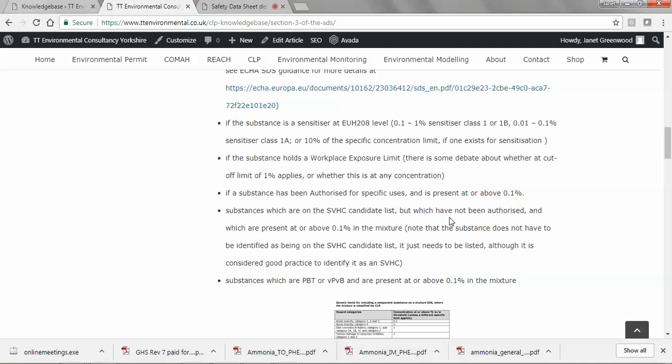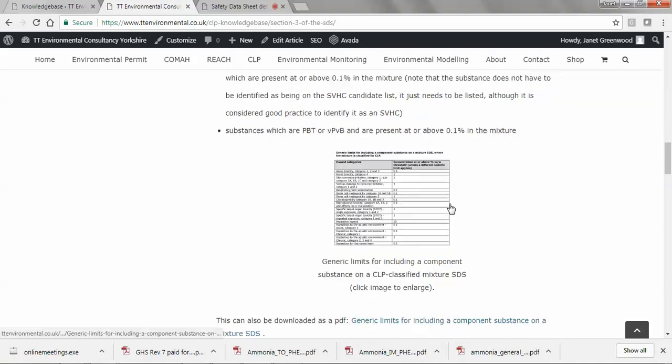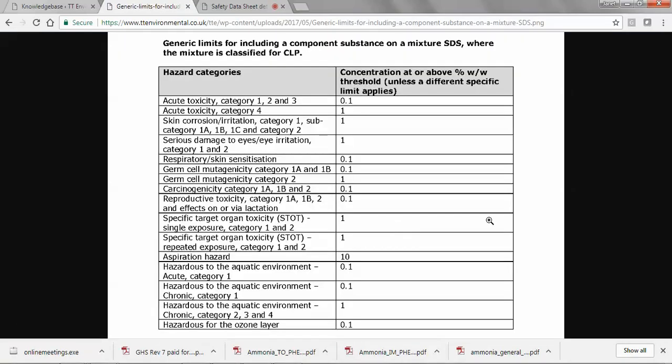It just needs to be listed there, but it's good practice to put in brackets SVHC or SVHC candidate. You also have substances which are PBT or vPvB at or above 0.1% of the mixture, and because I know Ollie's here, we've got a little table as an infographic, yay! And these are the generic limits, things like aspiration hazard, you only list if it's 10%, for example.